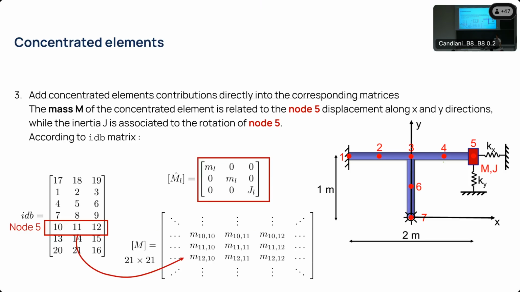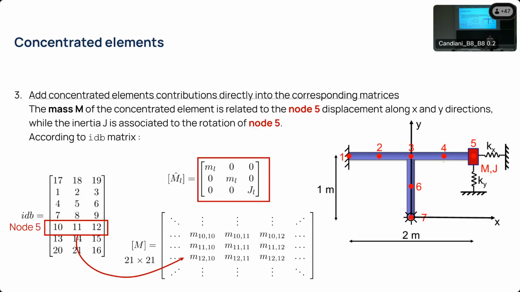And if we want also to take into account the addition of a mass, we have to know that if we give to that specific point a unitary acceleration in each of its 3 coordinates, we shall expect an additional inertial term, which is exactly the mass we add to the structure. So what we have to do is sum, in the various degrees of freedom affected by the movement of that mass, an additional term, which is the mass or the moment of inertia of the rigid body which is attached to that node. Is it clear? So we just have to add 3 terms in our mass matrix.